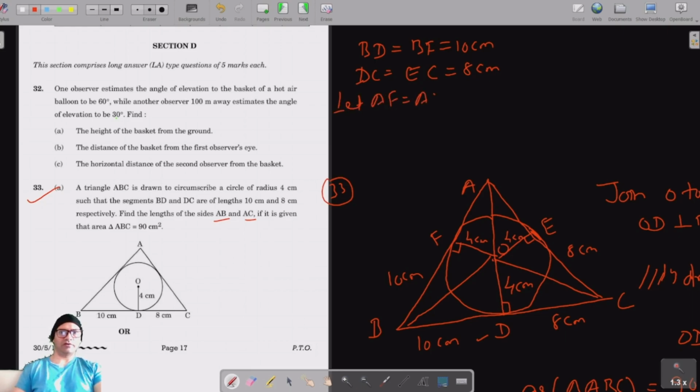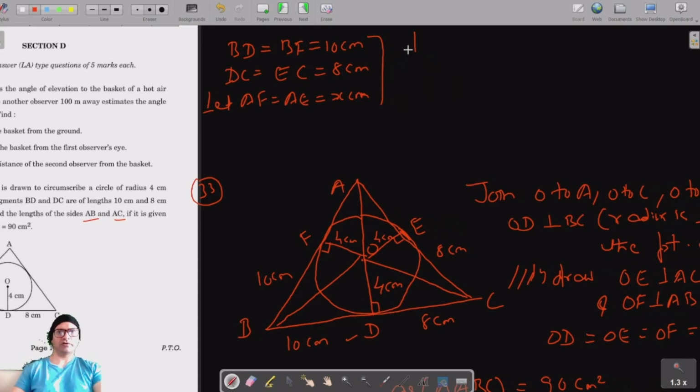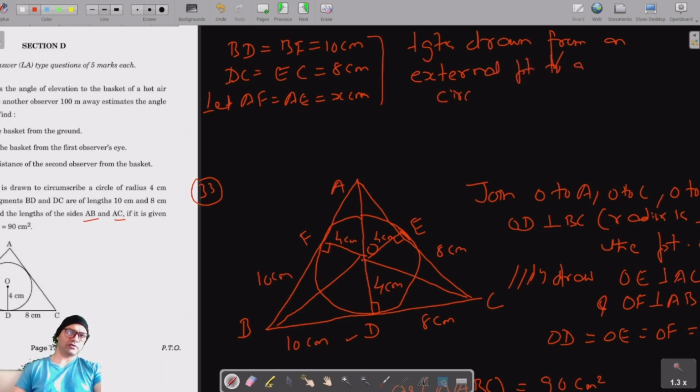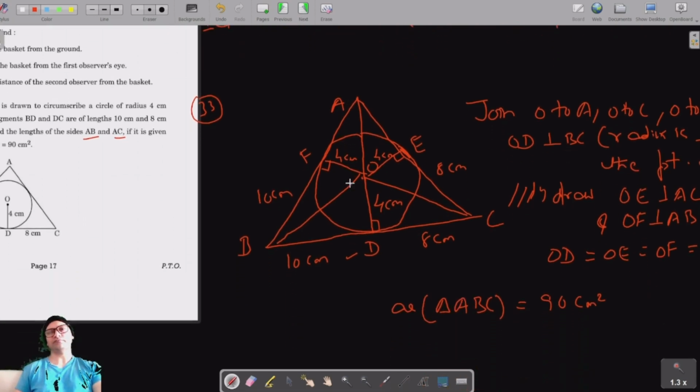Also, let AF is equal to AE is equal to x centimeters, and we are getting this result because of the theorem that tangents drawn from an external point to a circle are equal.